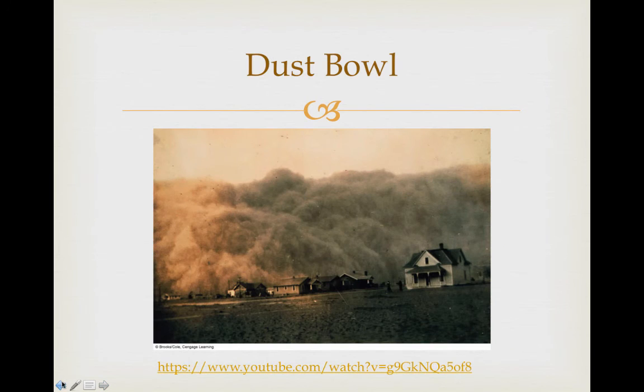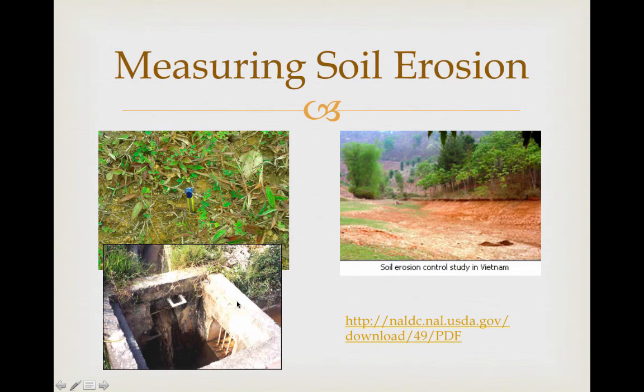All right, measuring soil erosion. In the Science Behind the Stories, describe three methods currently used to quantitatively measure soil erosion. So that means through quantities, through the presence or absence of something that you can measure. The first one is erosion pins, spikes driven into the ground that are measured as they are uncovered by erosion. So that would be here in the upper left-hand corner.